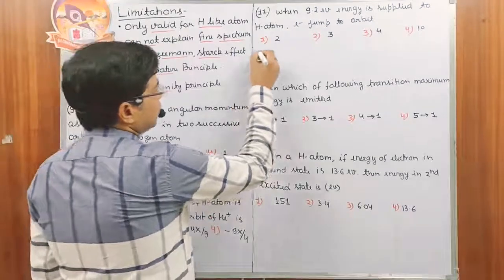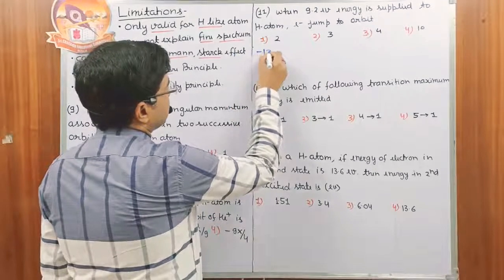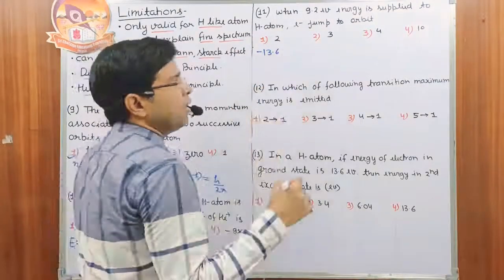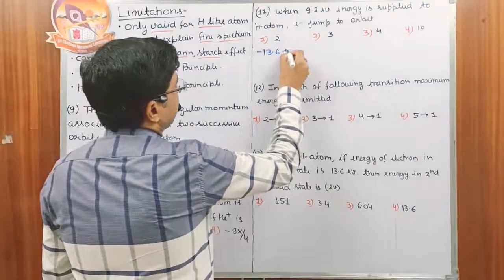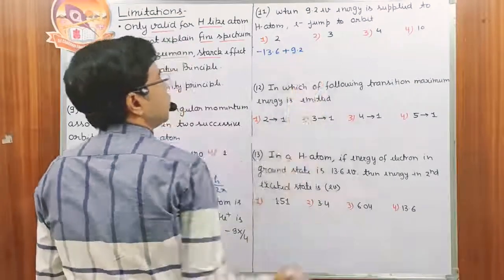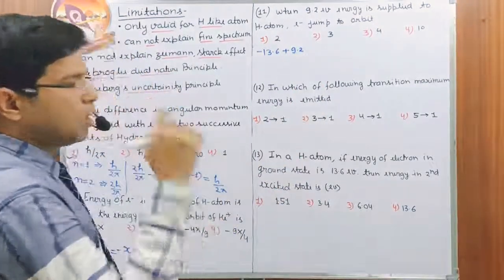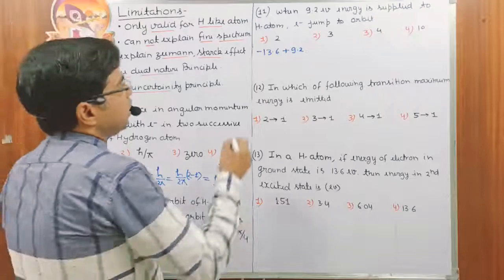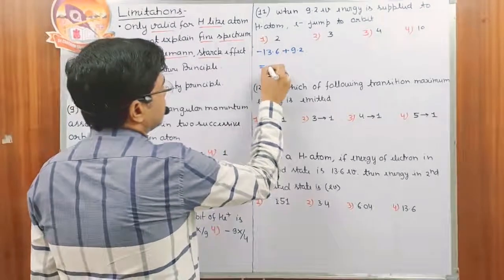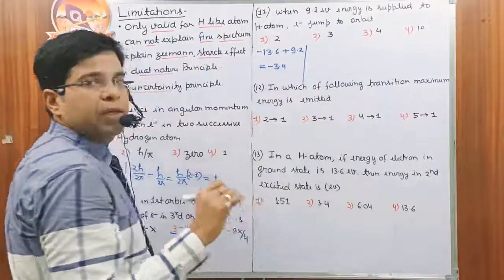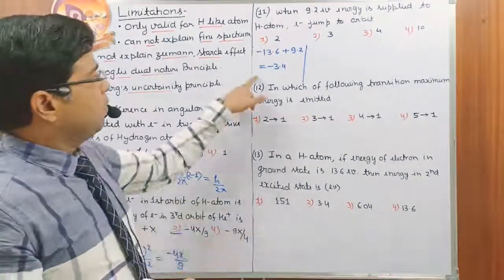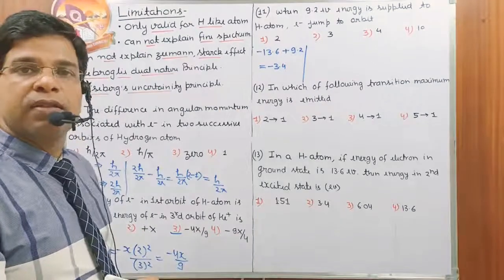Look, in the first shell the energy of the electron is minus 13.6, and it absorbs the energy which is 9.2. So what is the energy of the electron now? Now the energy of the electron is minus 3.4. The electron of the hydrogen atom is present in a shell where the energy is minus 3.4.